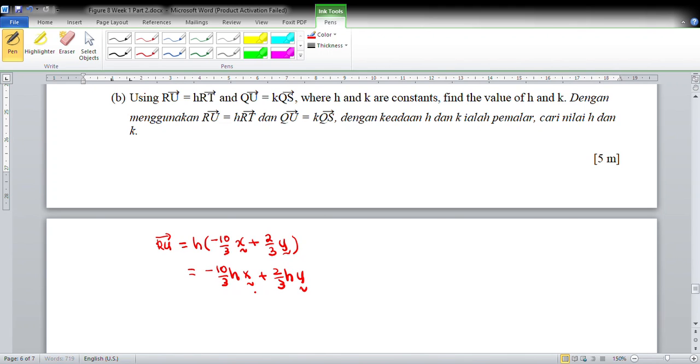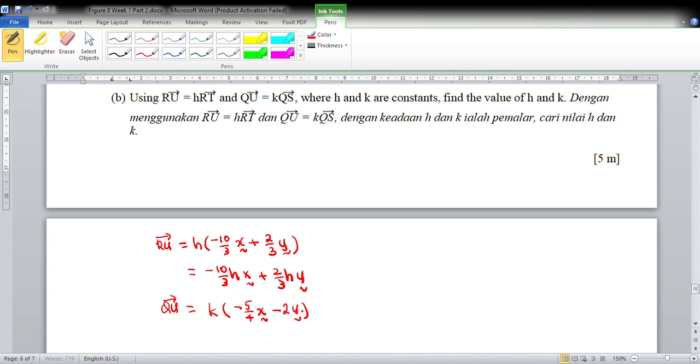Okay, so QU is KQS, and what is your QS? QS is negative 5 over 4x minus 2y.